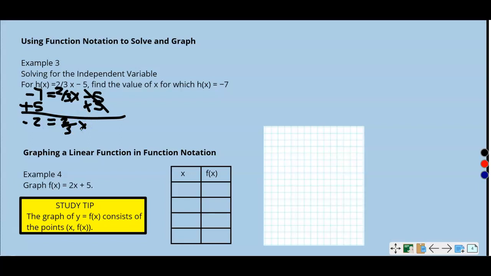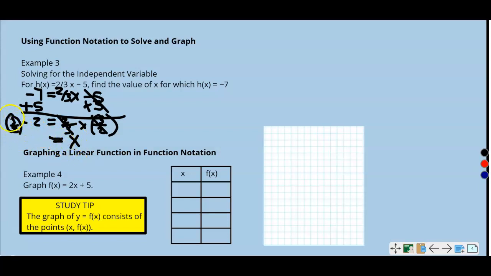To get rid of a fraction, you can multiply by the reciprocal. So I'm going to multiply both sides by 3/2. 2 times 3 is 6, 3 times 2 is 6, that equals 1. That's what we're trying to do: eliminate the fraction. So 1 is assumed to be there if we just put an x.